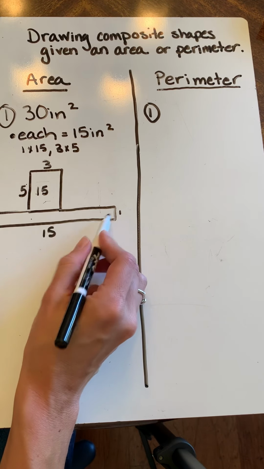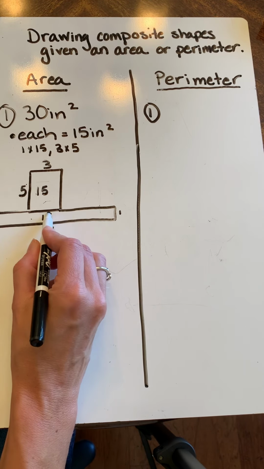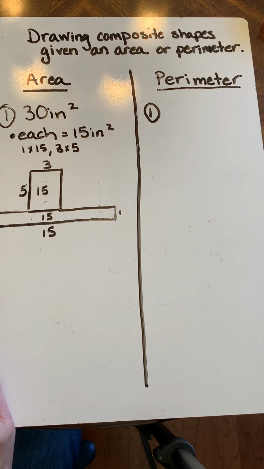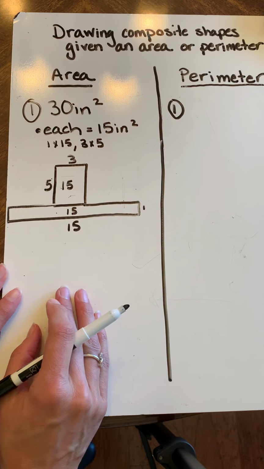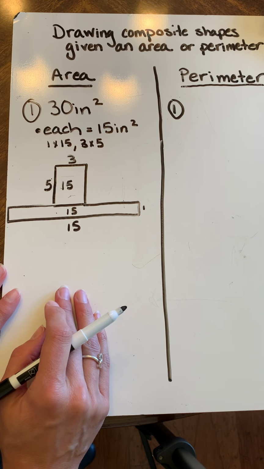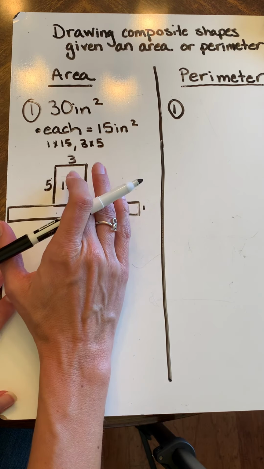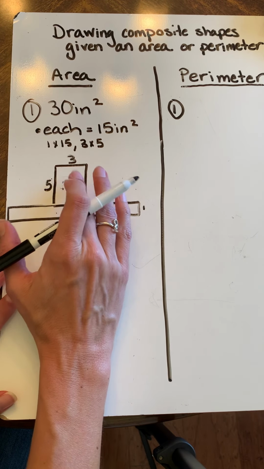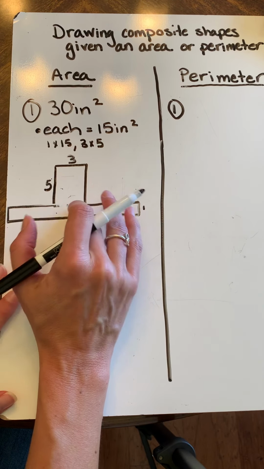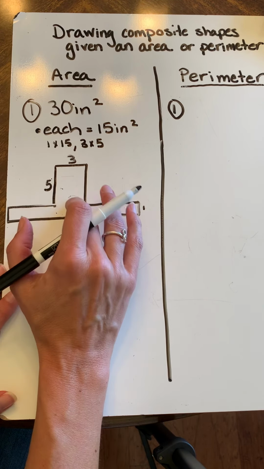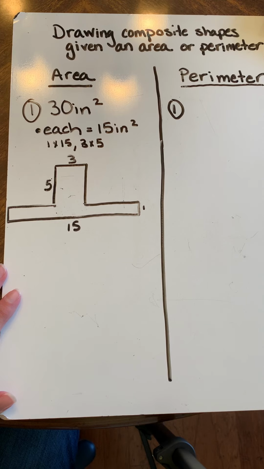And I know that a 1 by 15 would give me an area of 15. So I know that it is correctly drawn. Now I just have to put in all the missing measurements. So I'm going to erase my inside answers of 15 and my lines, so I can see my composite shape.